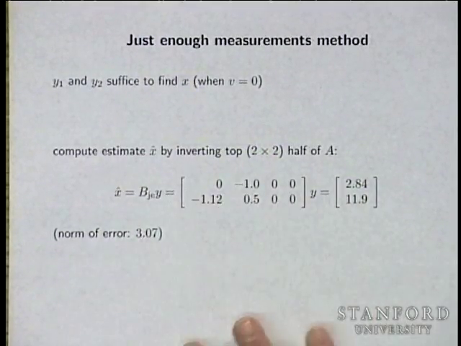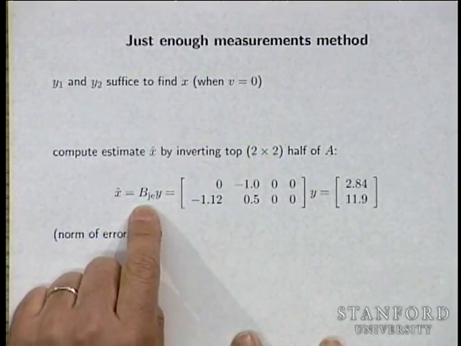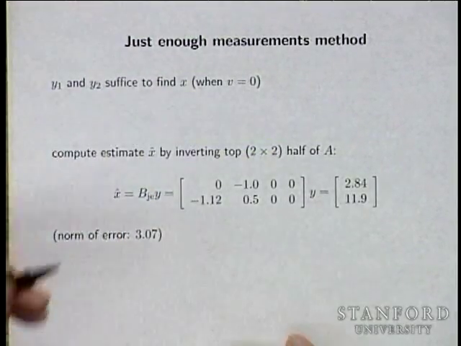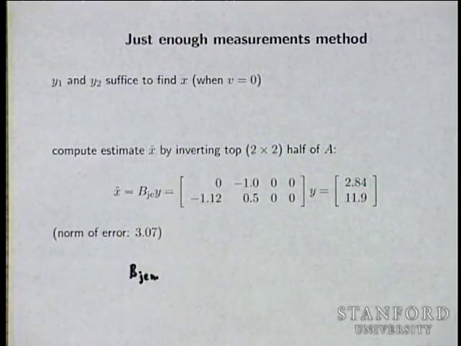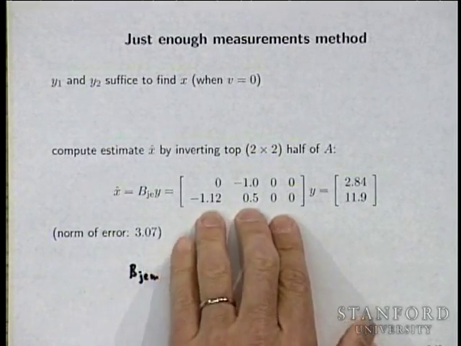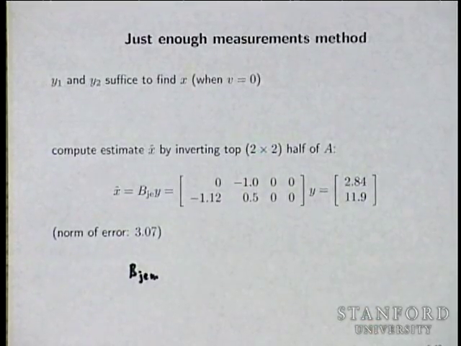By the way, when you see a matrix like that, let's call it B, just enough measurements. If you see this 2 by 4 matrix, it maps range measurements into position estimates.